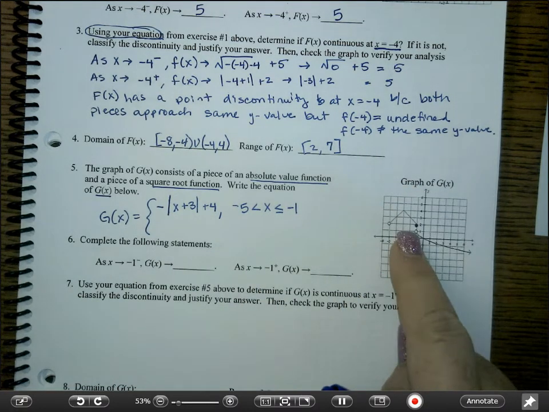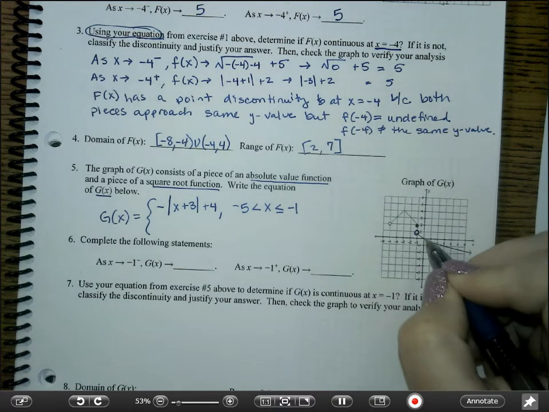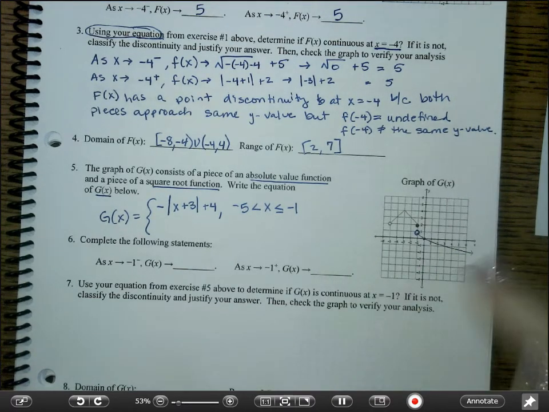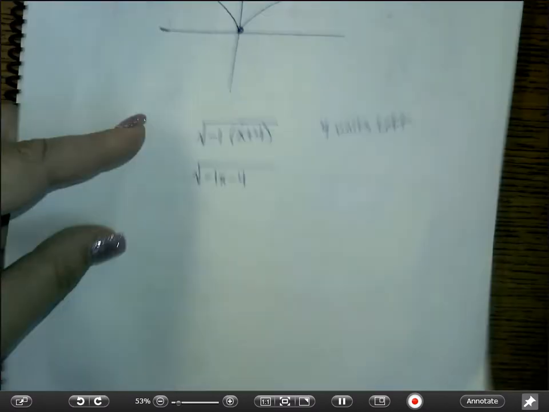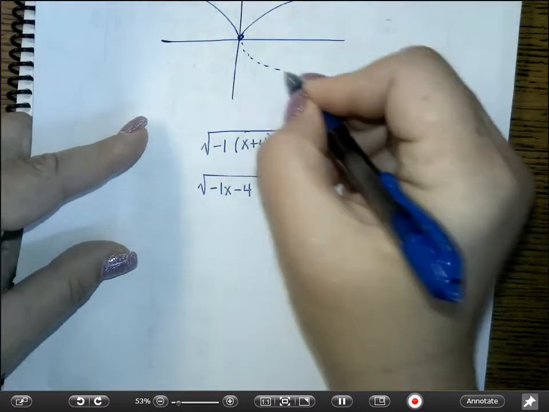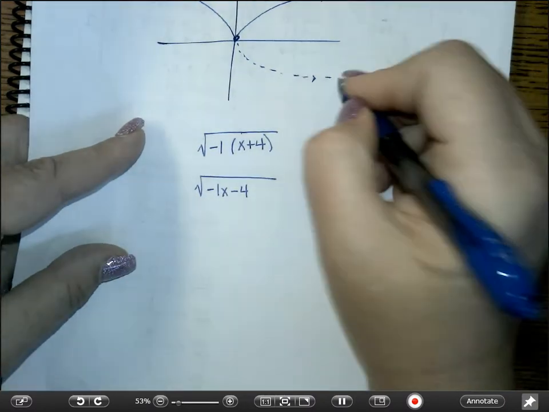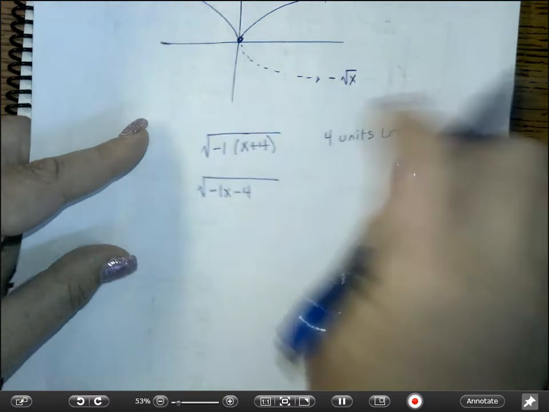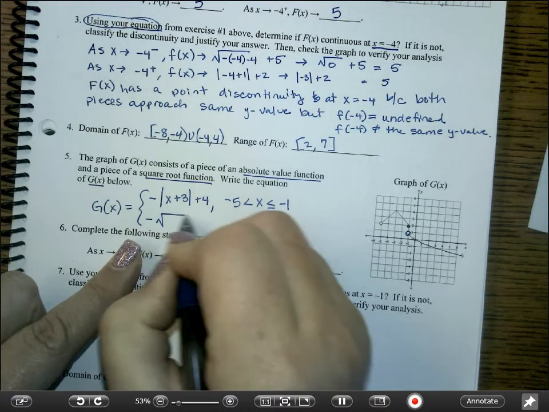Now, this square root, if we notice, there's the point right here that's right next to it. Now, it is reflected across the x-axis because it's doing this thing. So that represents a negative on the outside. So we are going to have a negative on the outside.